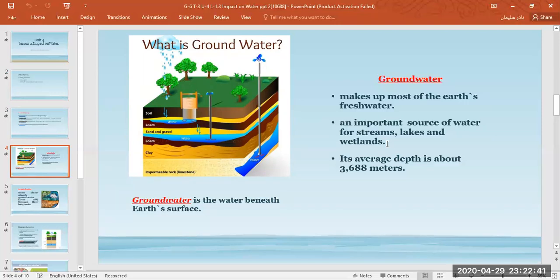One more thing you have to know: the average depth of the groundwater is 3,688 meters under the ground. So it is not only a few meters, no. This is the average. In some places, groundwater is deeper than this and can reach 10,000 meters.